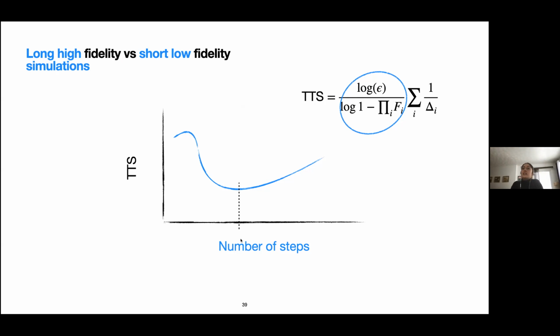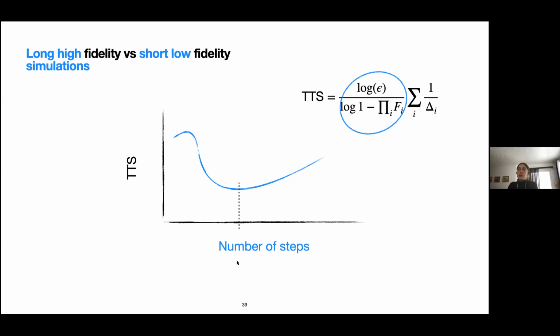So typically, a time to solution graph will look something like this, and you will have a clear minimum that is exactly the trade-off between repetition and costly algorithm. So you have it in terms of the number of steps.